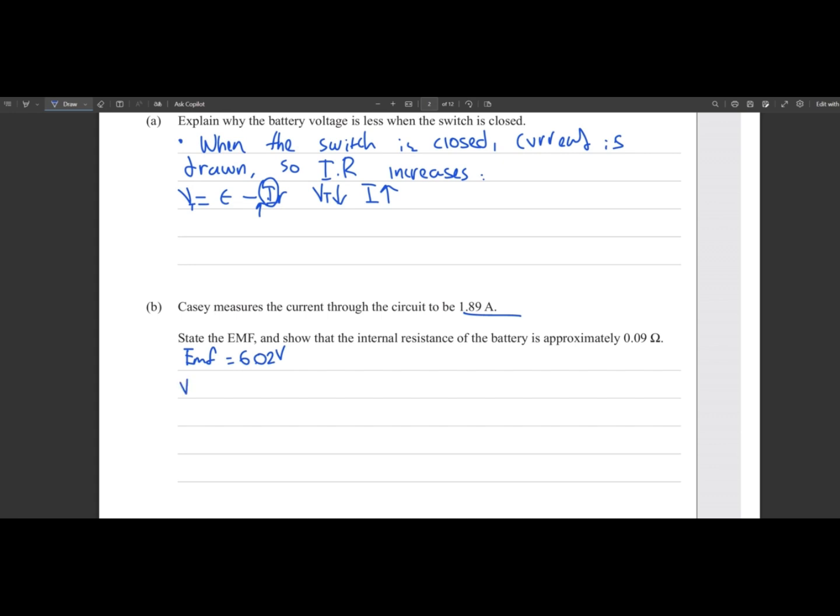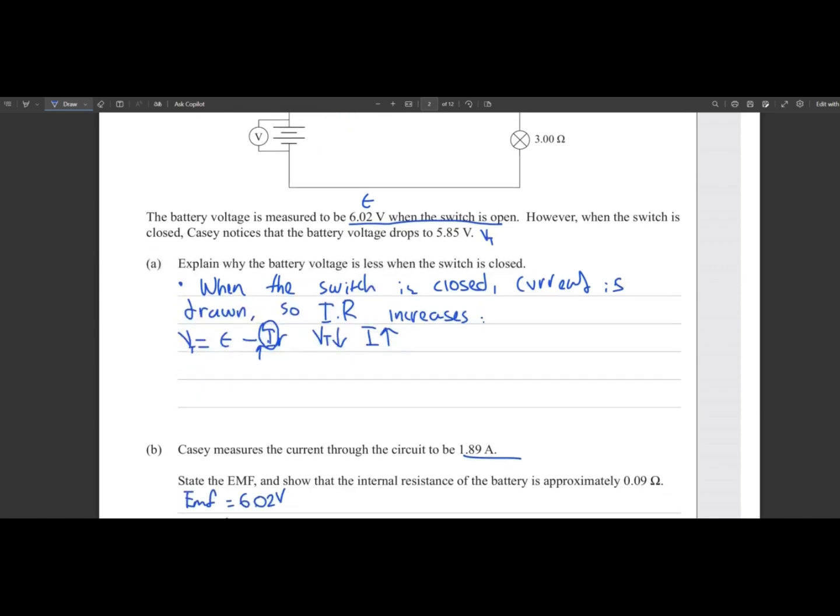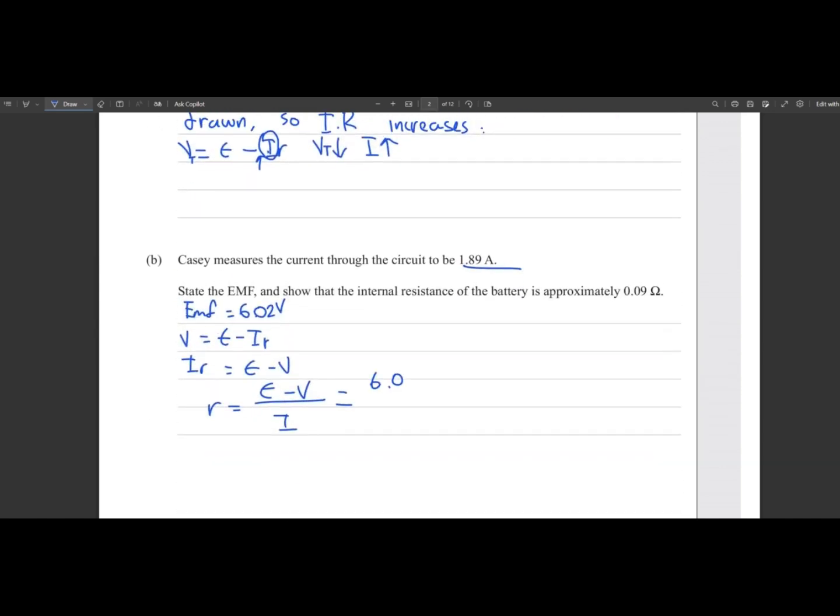We know that the voltage to the circuit is your EMF minus the internal voltage drop, so your internal resistance is the EMF minus the voltage, divided by the current. That's 6.02 minus 5.85, divided by 1.89.